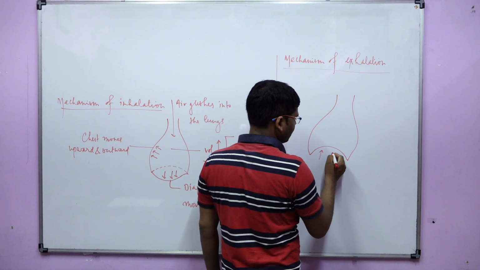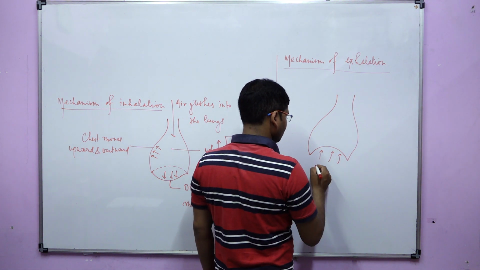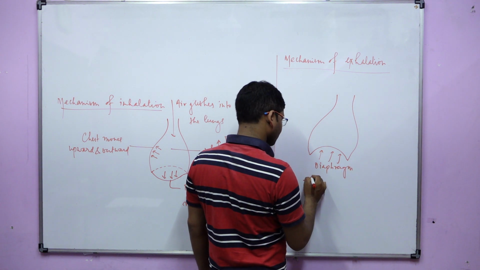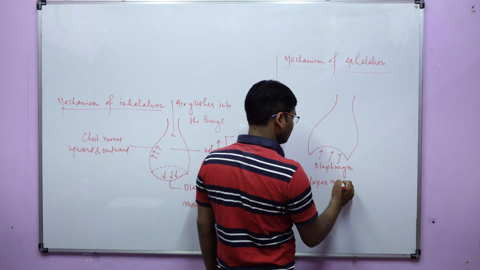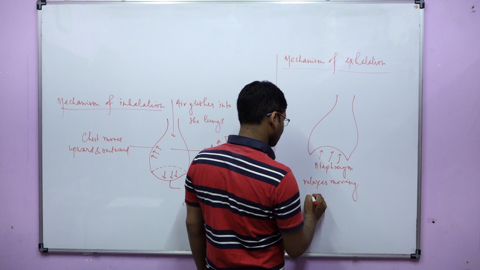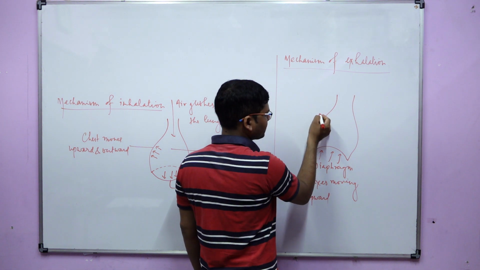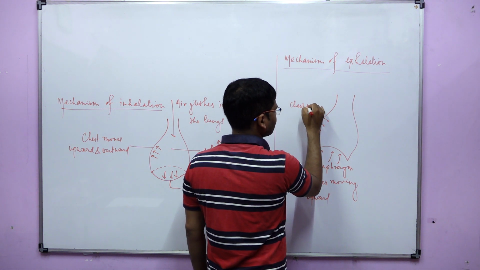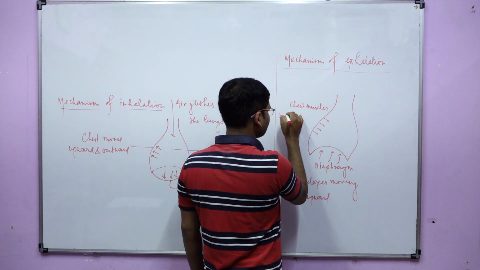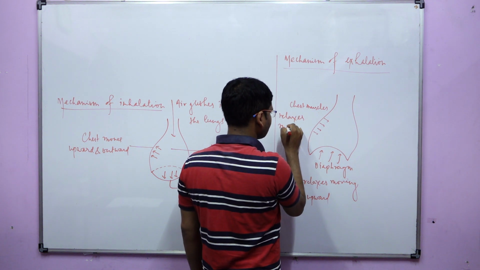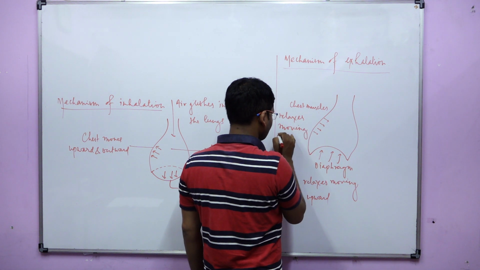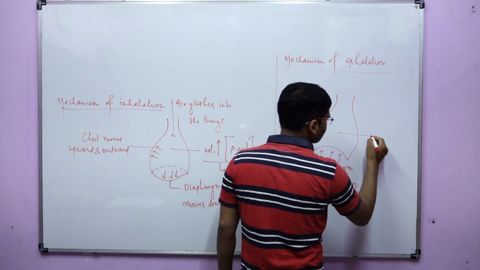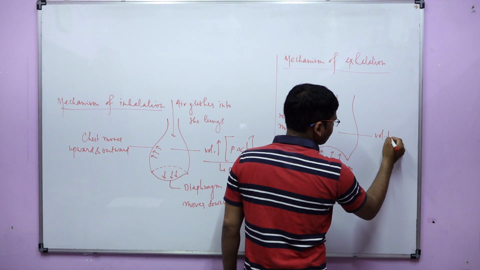So diaphragm relaxes, moving upward, and chest muscles relax, moving downward. So what happens? Volume is decreasing.